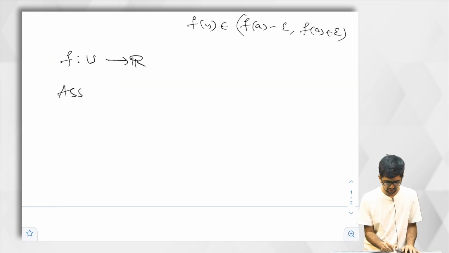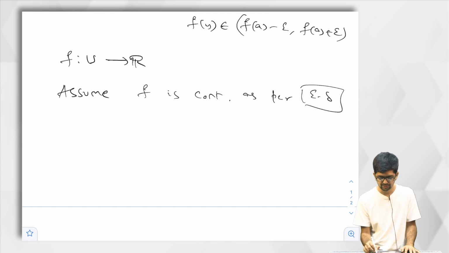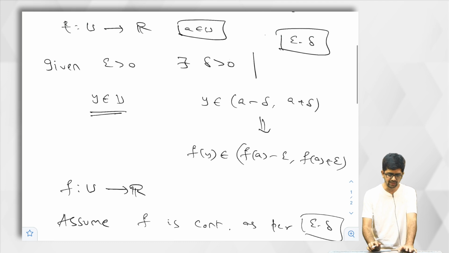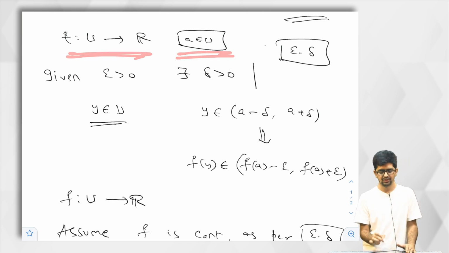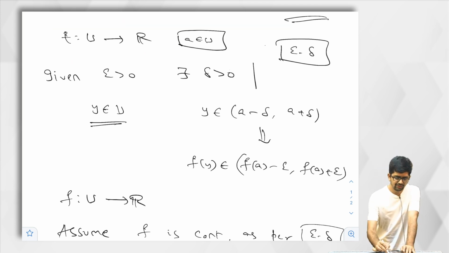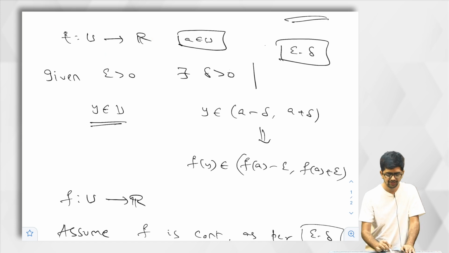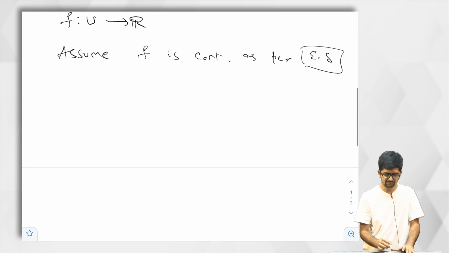So assume f is continuous as per the epsilon delta definition. I have not mentioned here that if f is continuous at every a belonging to U, then we say this function is a continuous function. Here we are defining it pointwise initially, and then we say the function is continuous as a whole if it is continuous at each point a belonging to U.